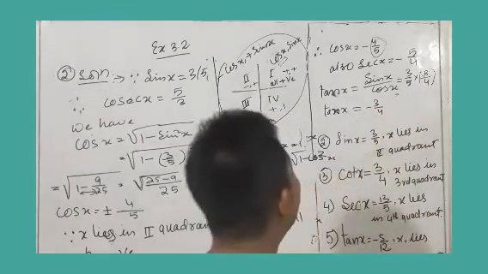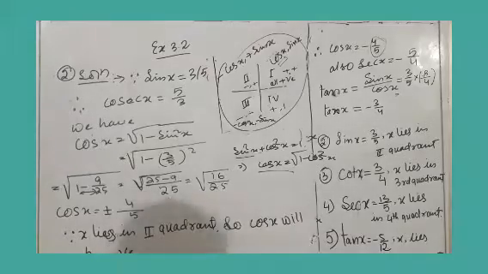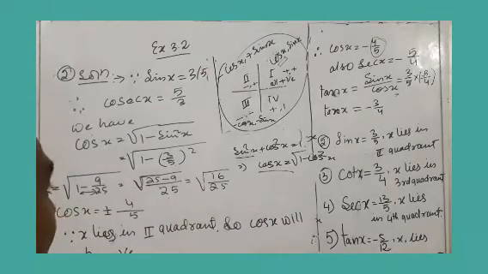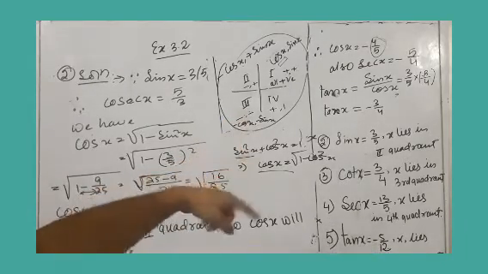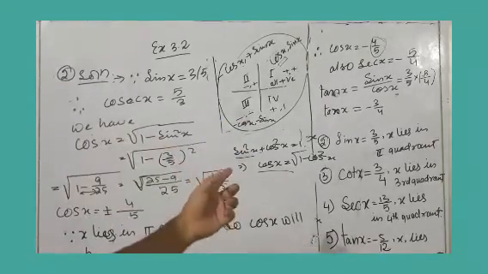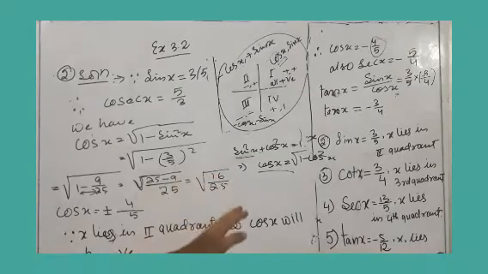Now you see, if cos x is negative in second quadrant, then sec x will be negative, and then tan x will be negative, as well as cot x also will be negative.